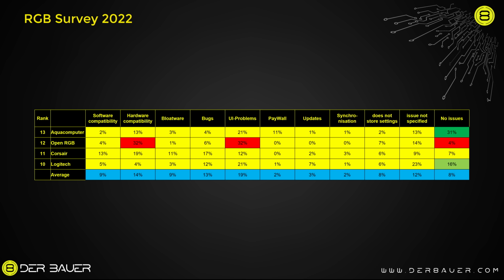Rank number 10 goes to Logitech with the G-Hub. And looking back at the chart, you can see that on average, it's pretty average, that we cannot see any kind of category that is out of line. So no more bugs than usual, but going through the individual comments of you, it stood out that G-Hub is often detected as anti-cheat software.